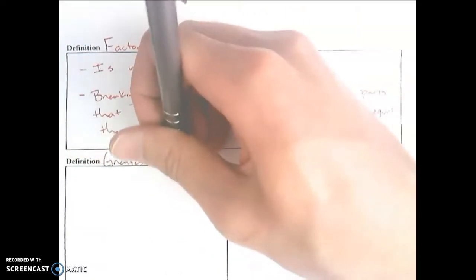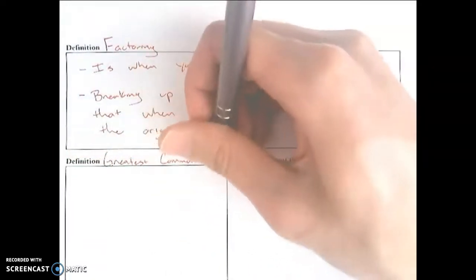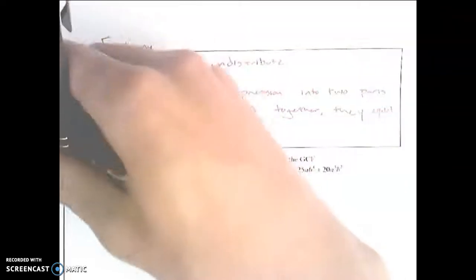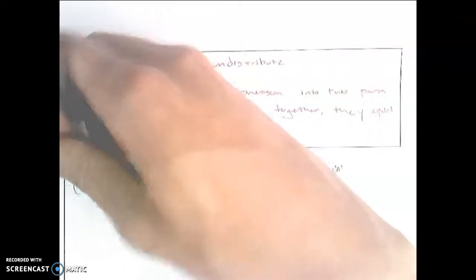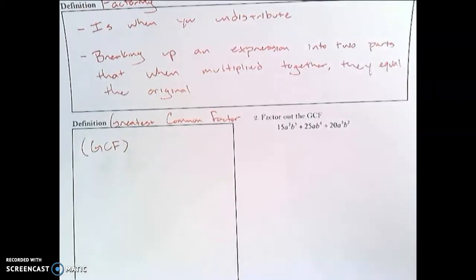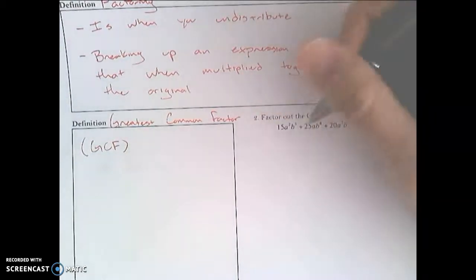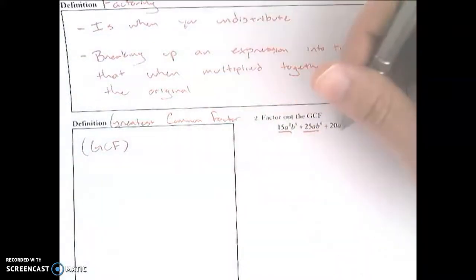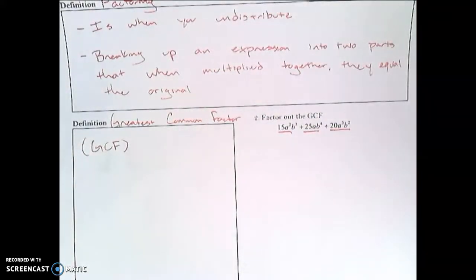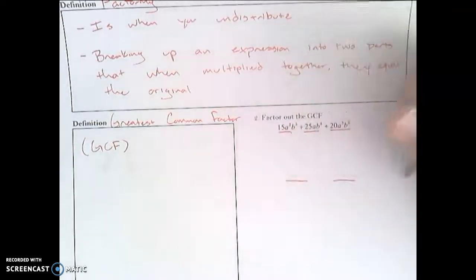So this is the greatest common factor. We shorthand that, we call it the GCF. So that's the abbreviation, GCF. So when factoring out the GCF, looking at this expression here, we have 3 terms. When we're factoring out GCF from here, we're going to end up with 3 terms.